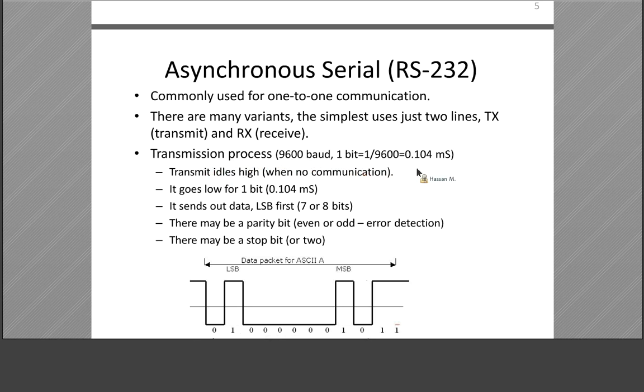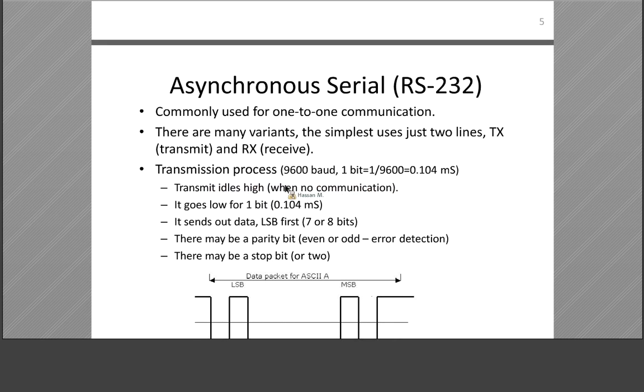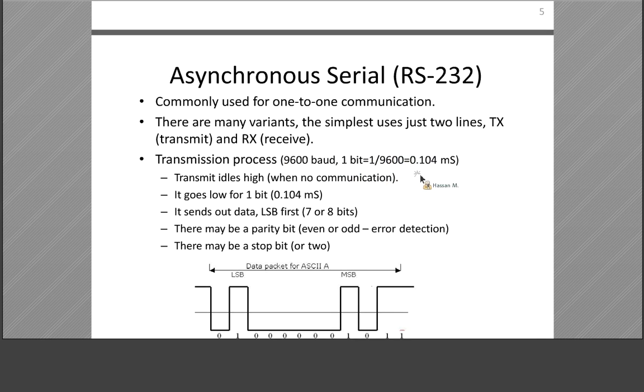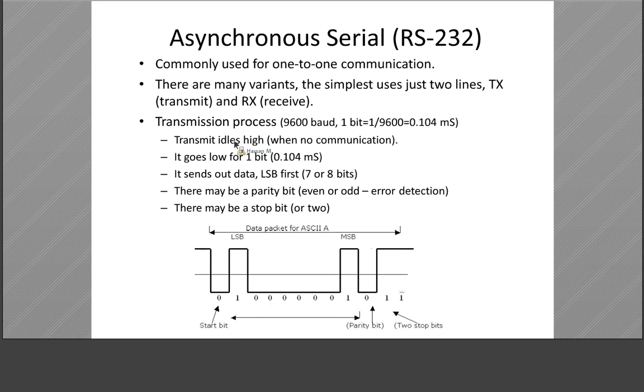For the transmission process, take a baud rate of, for example, 9600 baud; the duration of one time slice is 1 over the baud rate, about a tenth of a millisecond. Transmit idles high when there is no communication between the 2 sides.